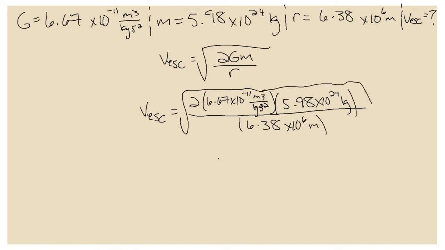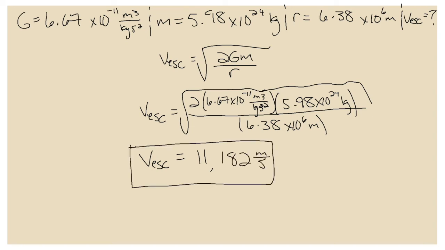And when you do all that math, making very sure you take the square root, you end up getting 11,182 meters per second.